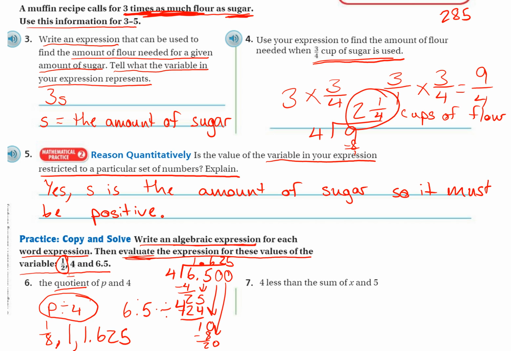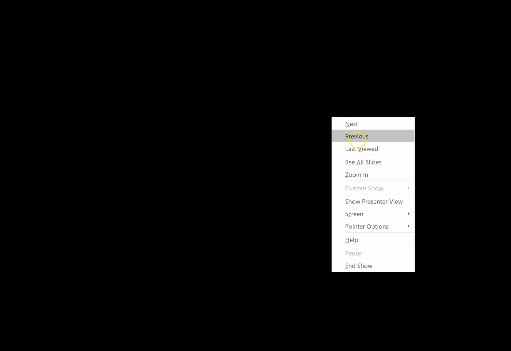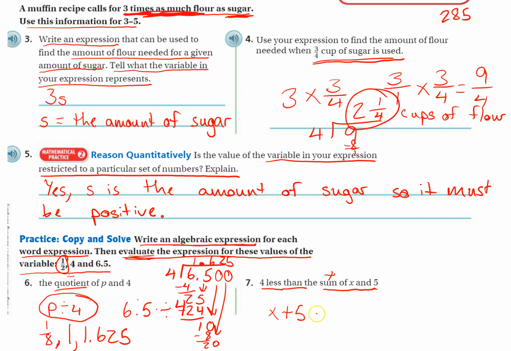Okay, number 7, 4 less than the sum of x and 5. So we need 4 less than what? The sum of x and 5. So x and 5, sum means plus. And we need 4 less than that.